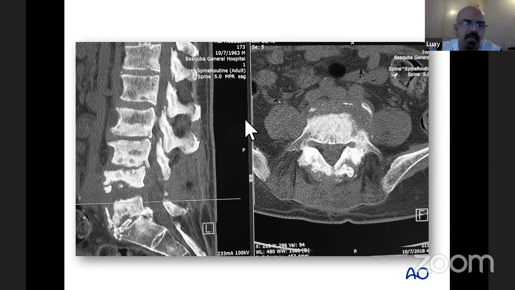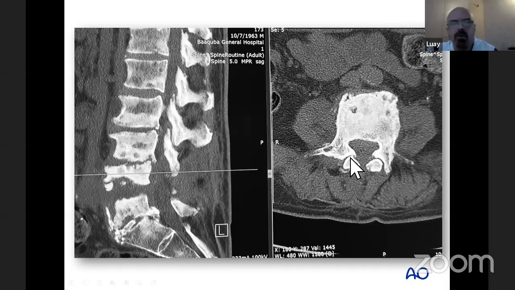Here, the CT scan at the time of presentation shows severe bone loss of L4, destruction of the end plates, instability, and there is some fusion between L5-S1. Here is another look at the level of L4. The patient had a laminectomy at this area. And now, what to do? What are the options for this patient?